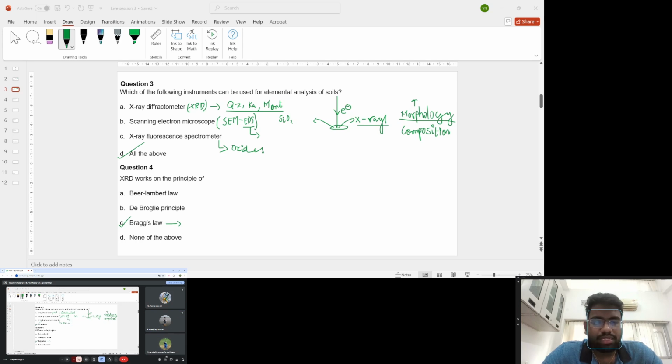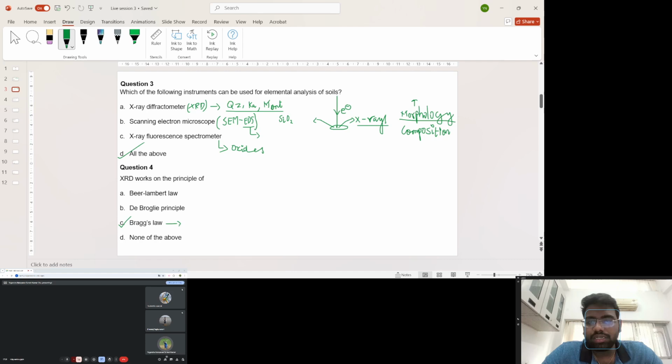Okay. So Bragg's law essentially has the equation n lambda is equal to 2d sine theta. Right. So now we have to understand what all the terms are.